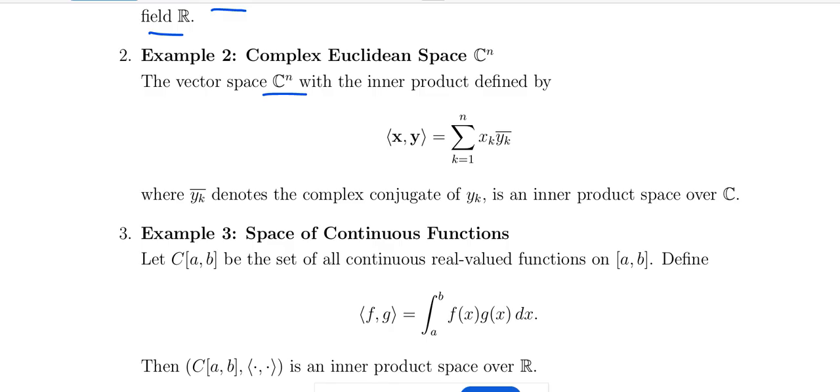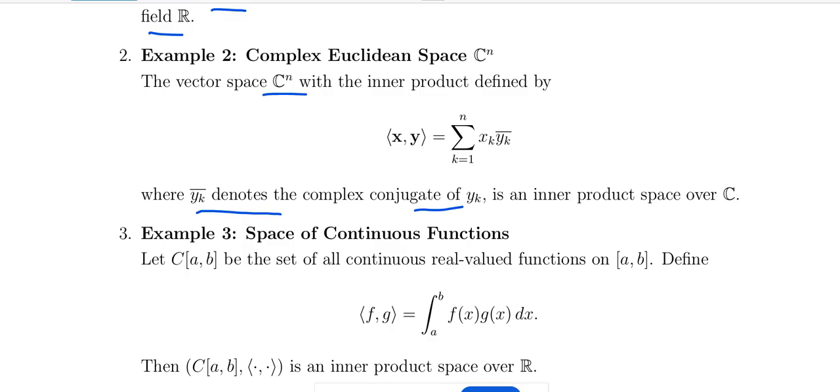Earlier we defined it as x1 y1 plus x2 y2 like this; here it is xk yk bar, where yk bar denotes the complex conjugate of yk. This is also an inner product. (x, y) is obviously equal to the conjugate of (y, x), and if (x, x) equals 0, then x equals 0.